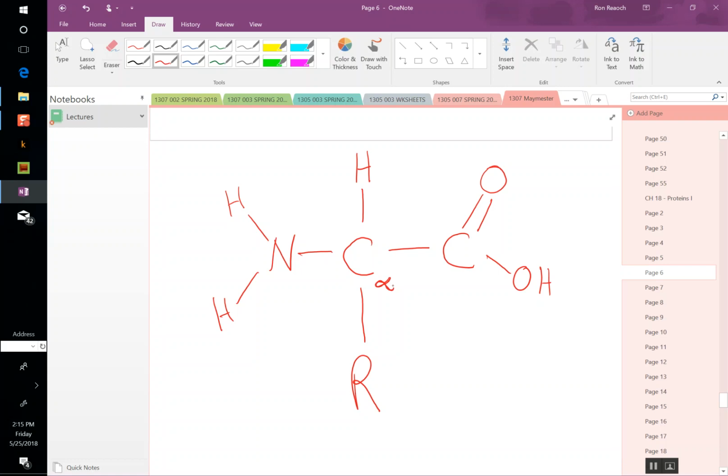But these are alpha amino acids. That is the general structure of all of them. There are many of them, but only 20 of them are used by your body.